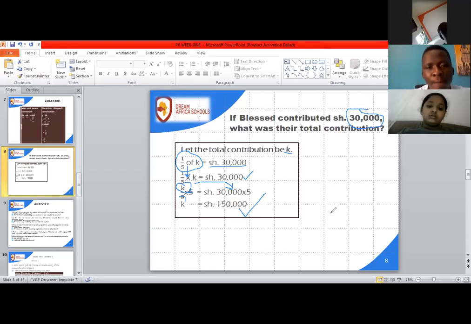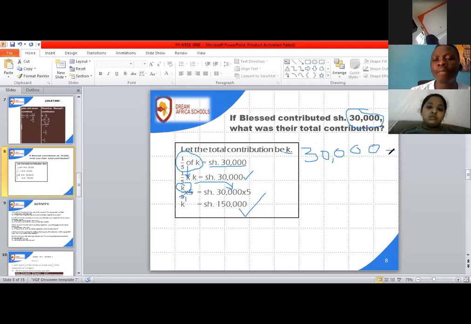Assuming you did not want to come up with an algebraic equation there, how would we get to know the total contribution for Adet, Peace, and Blessed? This will be very easy. We would get the amount, 30,000, that was contributed by Blessed, and divide it by Blessed's fraction.